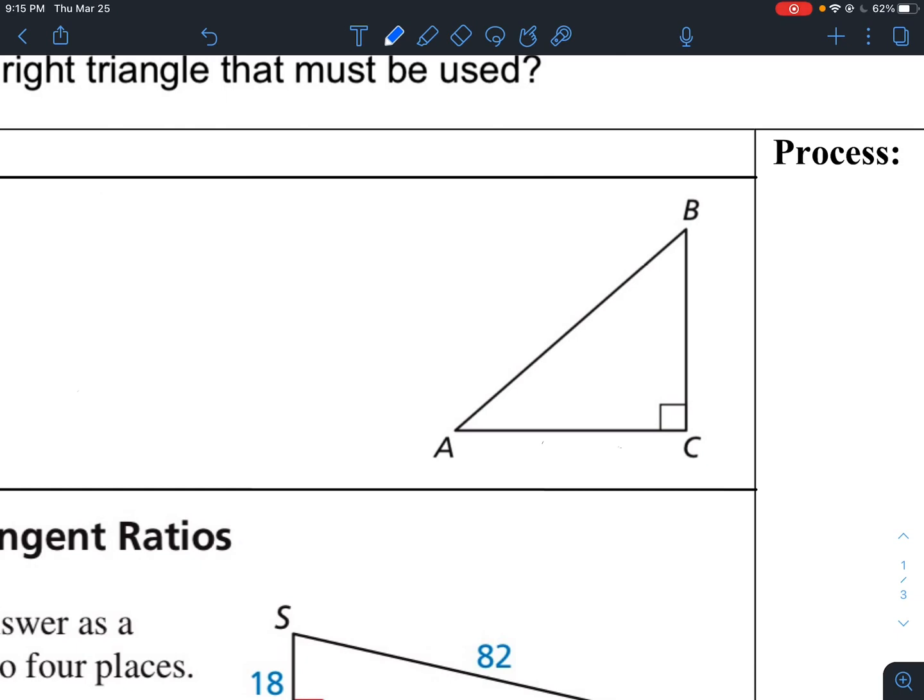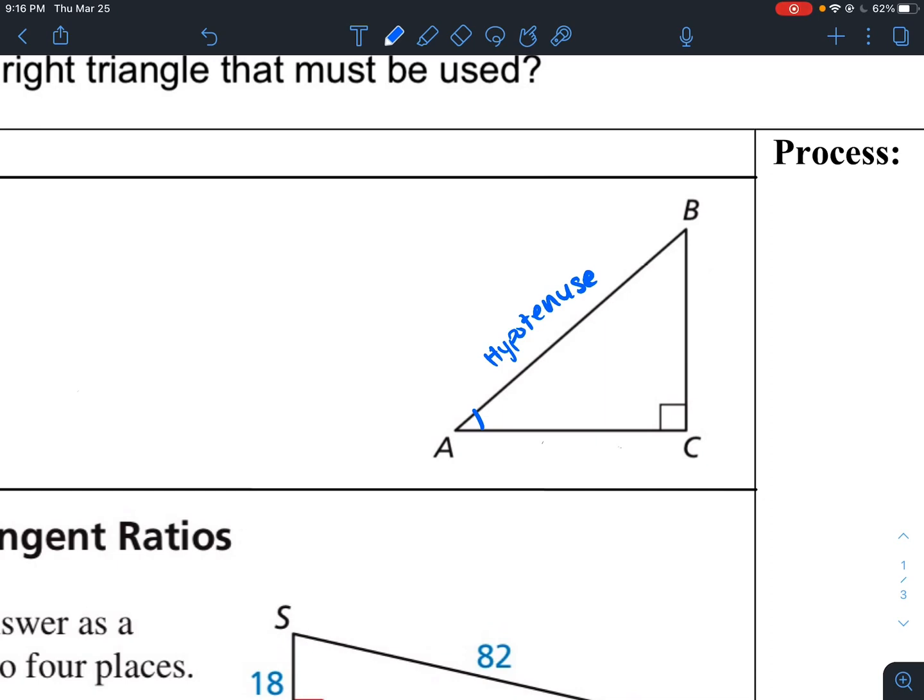Now, relative to acute angle A, we will name the side lengths of the triangle. First of all, in a right triangle, we always refer to this side as the hypotenuse. And this is always opposite to the 90-degree angle because it is the longest side.